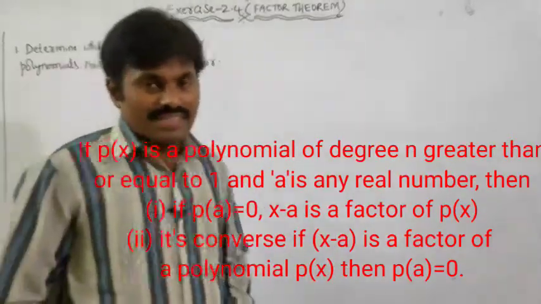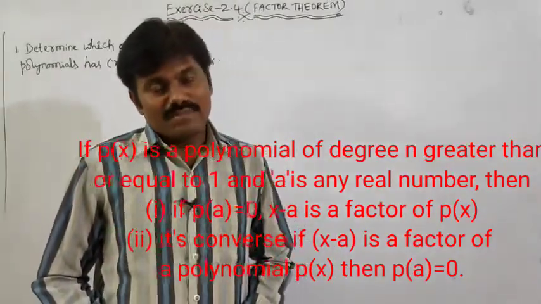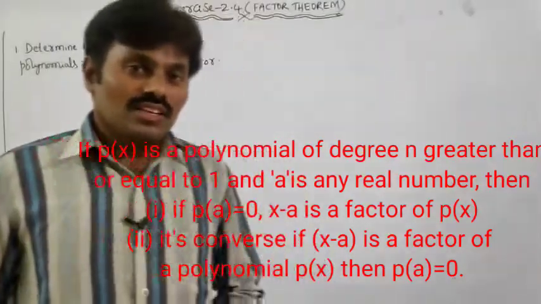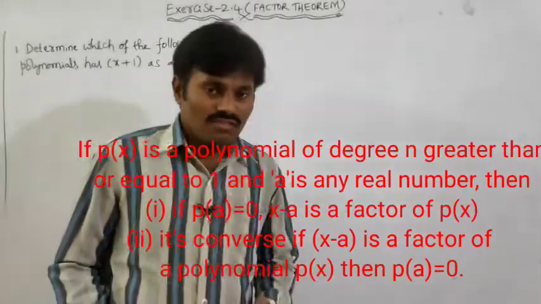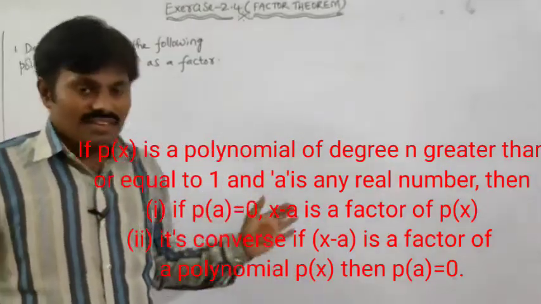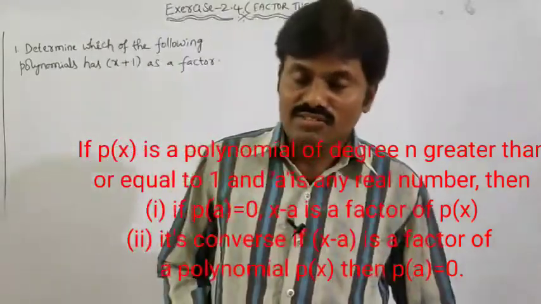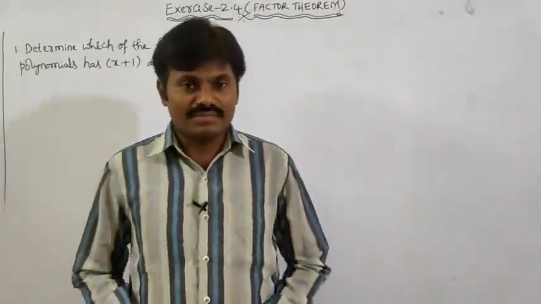The converse is, if x minus a is a factor, then p of a is equal to 0. You are observing the statement on the screen, and we also discussed the proof of the factor theorem.